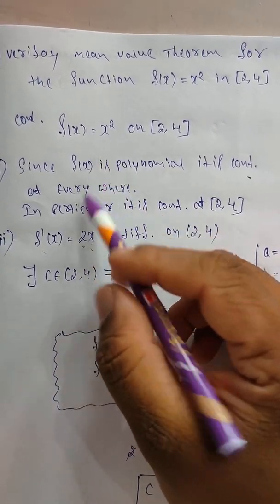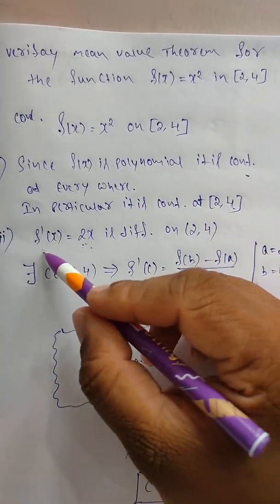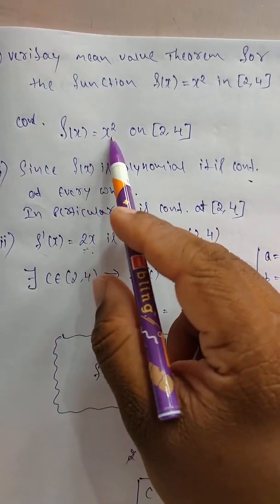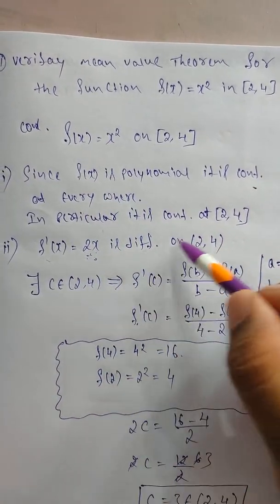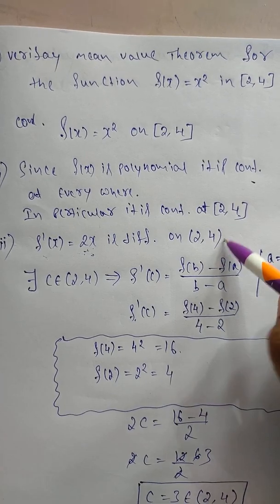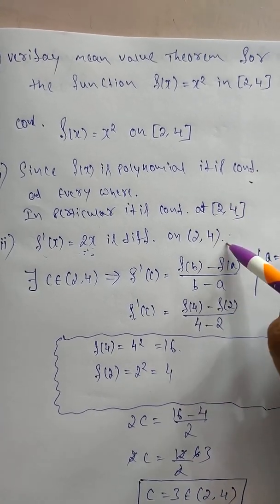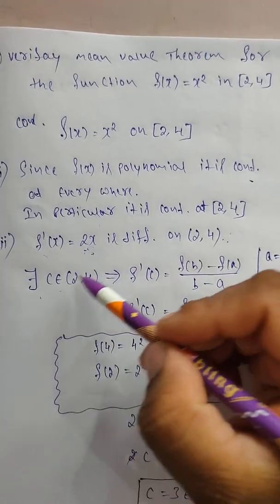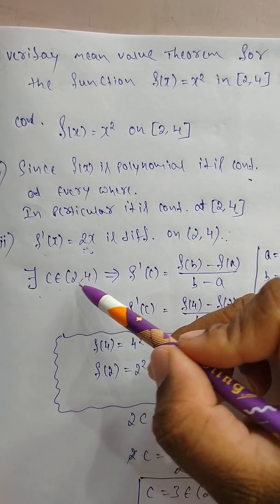It is differentiable on open interval 2 comma 4. If these two conditions are satisfied, then there exists a c, c belongs to the open interval 2 comma 4.